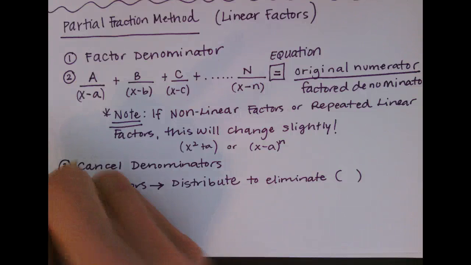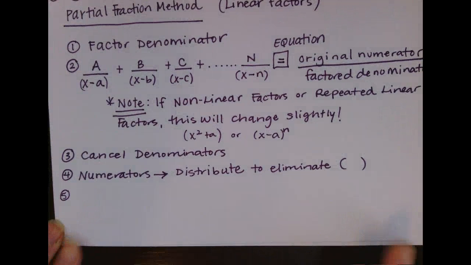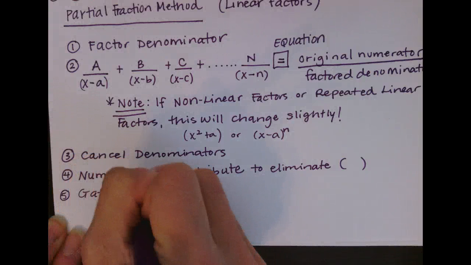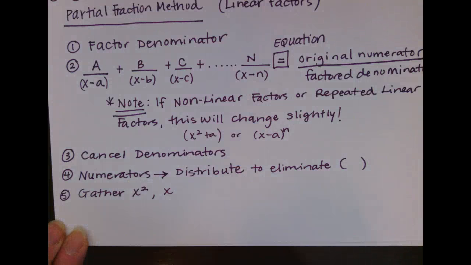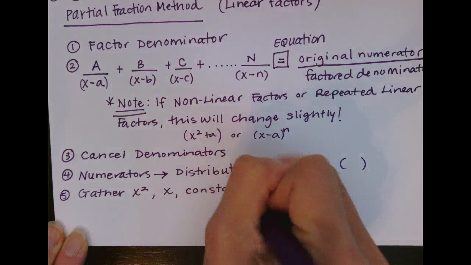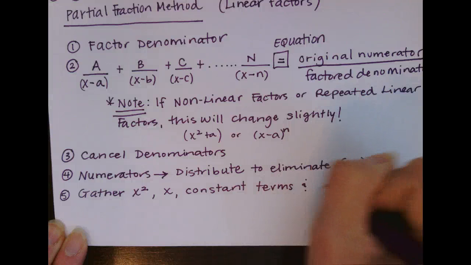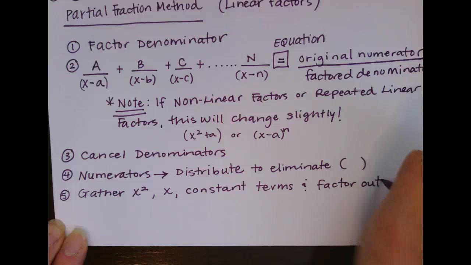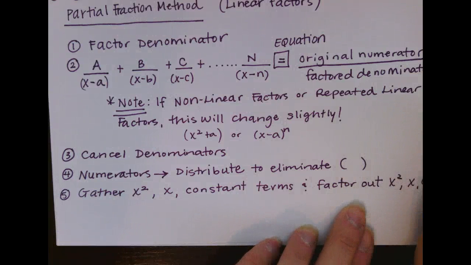Once you've distributed, you're going to gather your like terms. So you're going to gather your x squared terms, your x terms, and your constant terms, and you're going to factor out the x squared, x, and the constant.